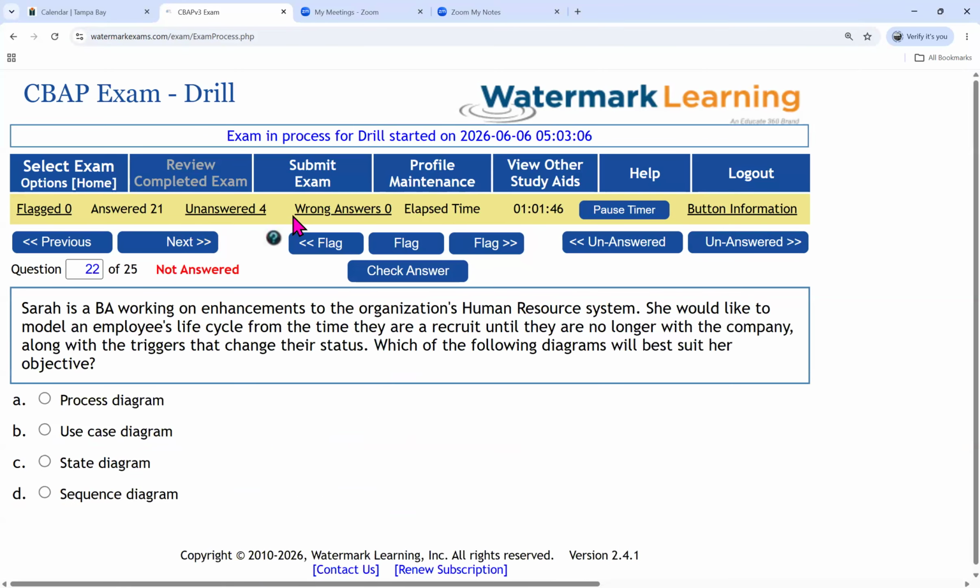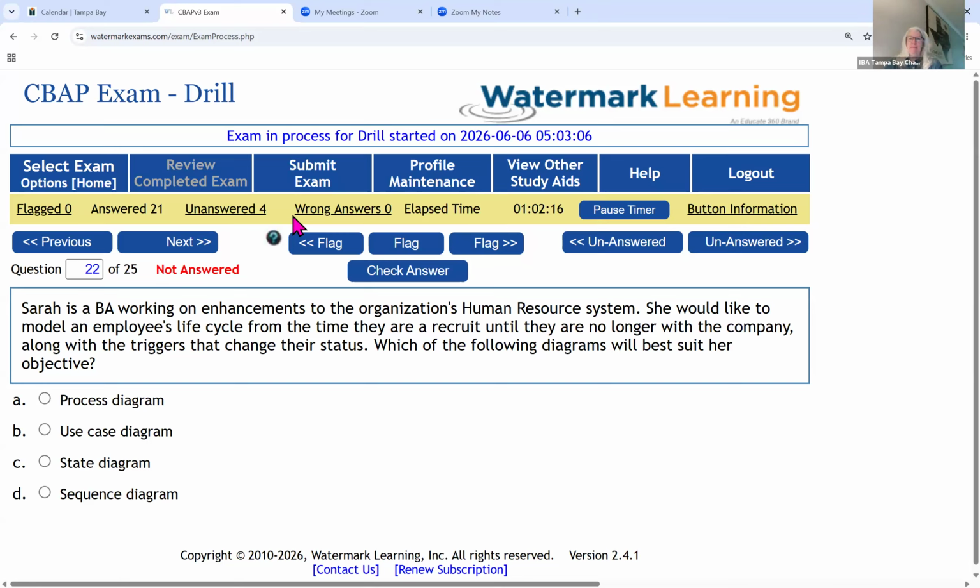Sarah is a BA working on enhancements to the organization's human resource system. She would like to model an employee's life cycle from the time they are a recruit until they are no longer with the company, along with the triggers that change their status. Which of the following diagrams would best suit her objective? Is the diagram that she needs a process diagram, use case diagram, state diagram, or a sequence diagram?